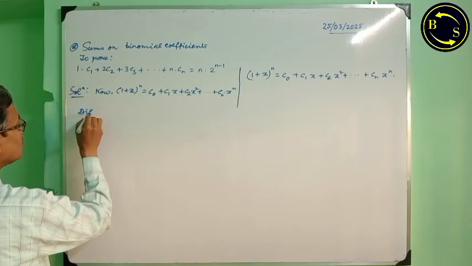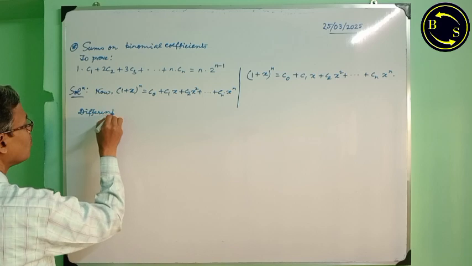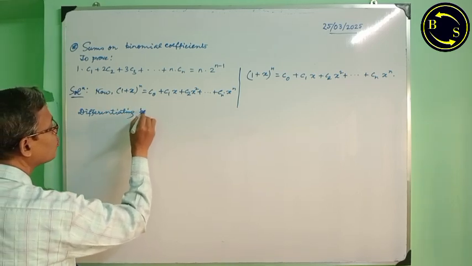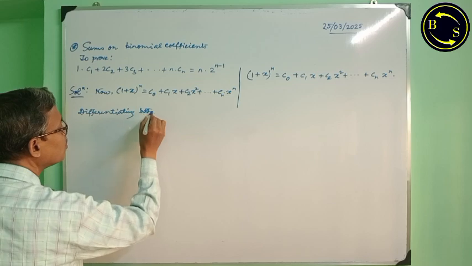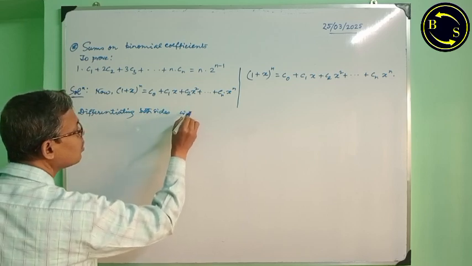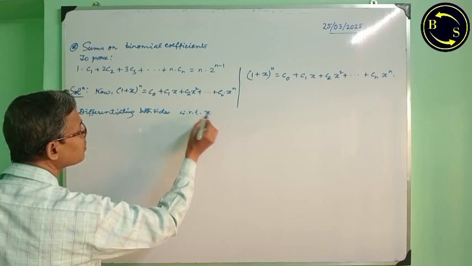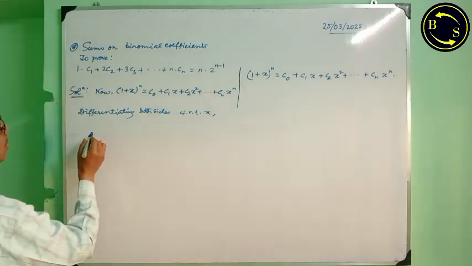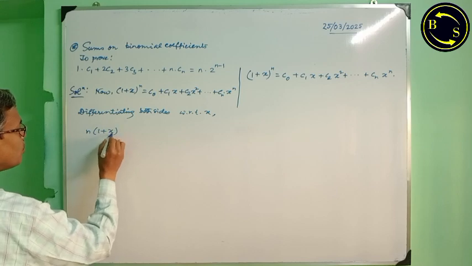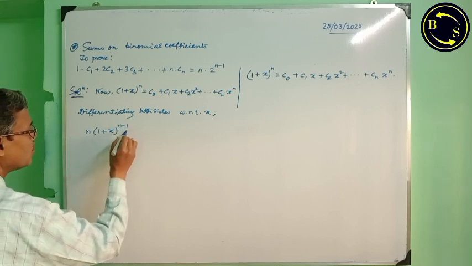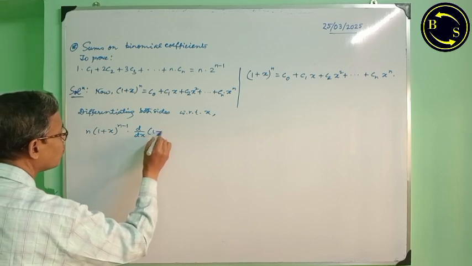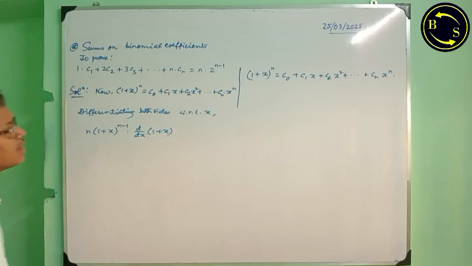Differentiating both sides with respect to x, n (1 plus x) whole to the power n minus 1 into d/dx of (1 plus x).